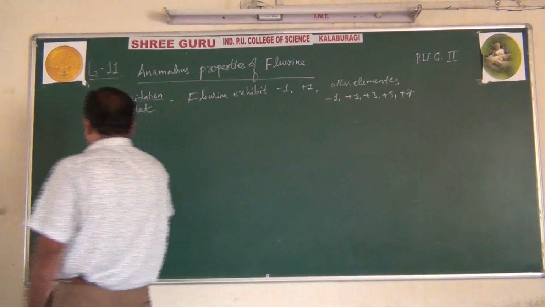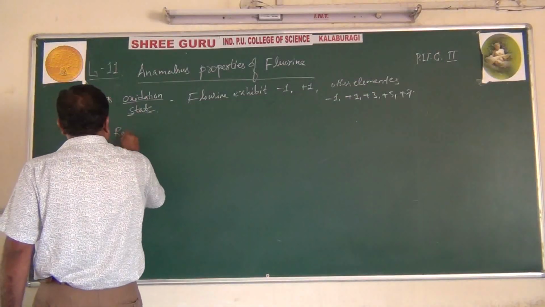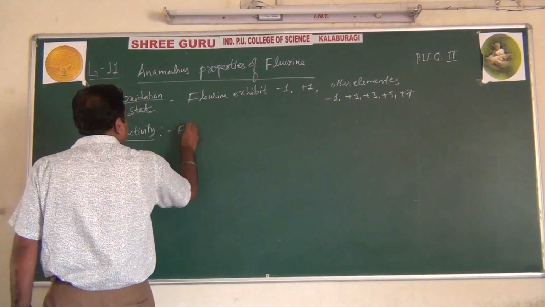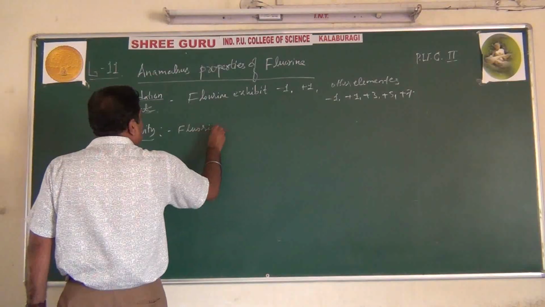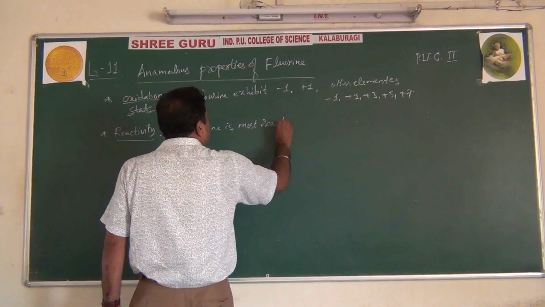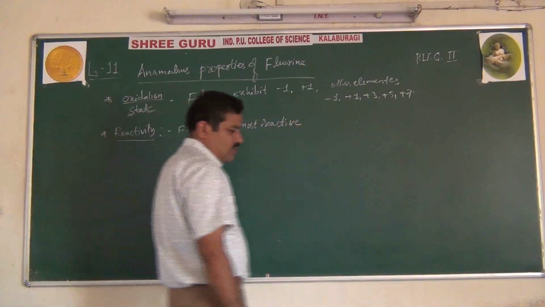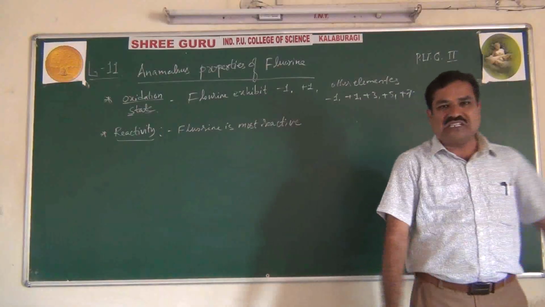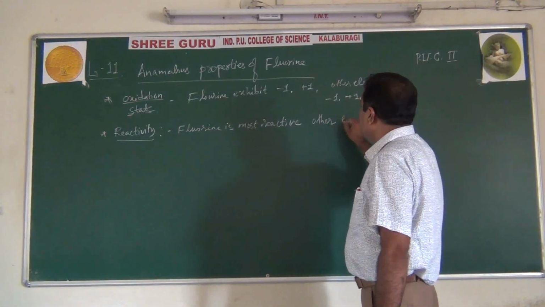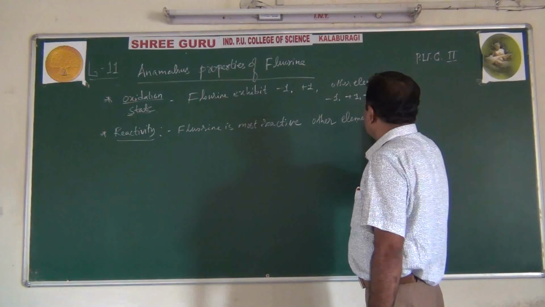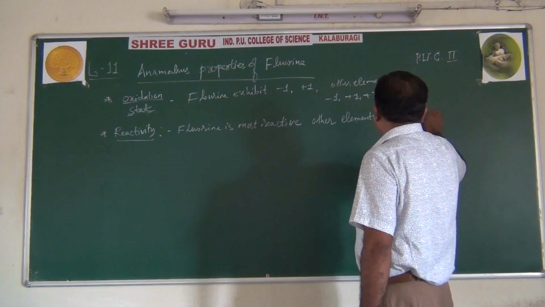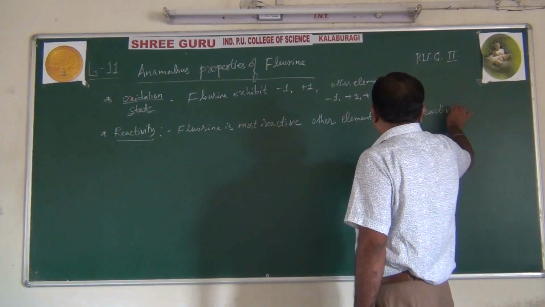This is the difference. Second, regarding reactivity: fluorine is the most reactive because of high electronegativity and low bond dissociation energy. But what about other elements? Other elements are less reactive compared to fluorine.